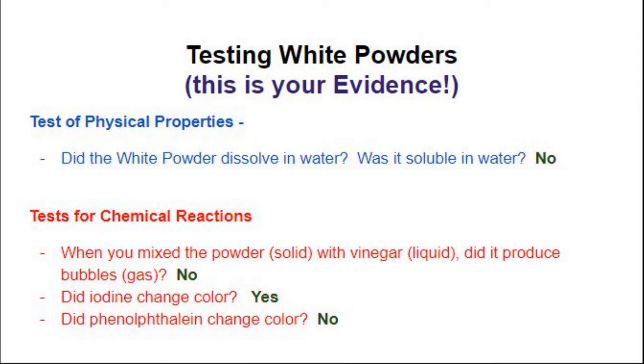No. So in your evidence, you would write: the white powder did not dissolve. Vinegar did not produce bubbles when added to the white powder. Iodine did change color when added to the white powder. Phenolphthalein did not change color when added to the white powder. That's your evidence. That's what you saw happen when I tested the white powder.